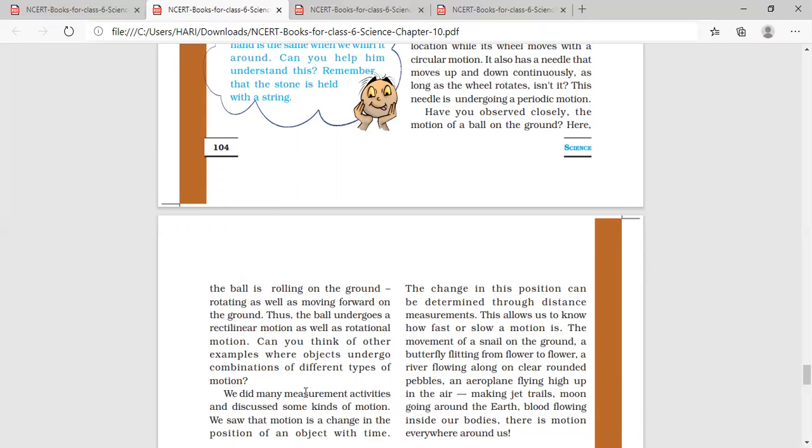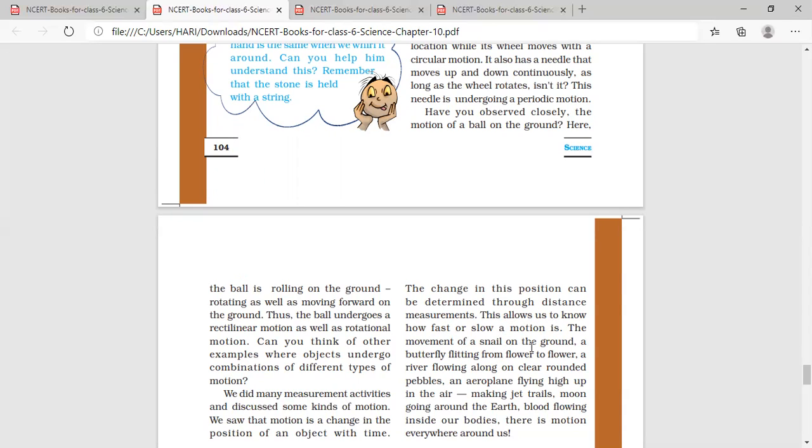We did many measurement activities and discussed some kinds of motion. We saw that motion is a change in the position of an object with time. When can we say that an object is in motion? We can say that an object is in motion if it changes its position with time. The change in position can be determined through distance measurement. This allows us to know how fast or slow a motion is.